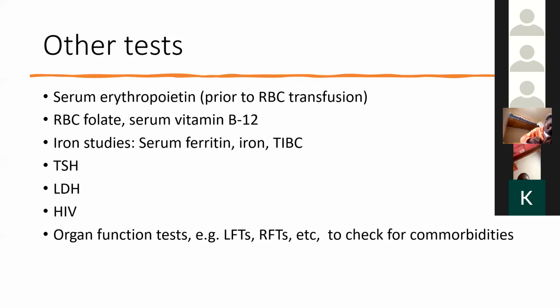We should do serum red cell folate, serum B12, and iron studies. In some of these myelodysplastic syndromes we do get an increase in iron, especially in myelodysplastic syndrome with ringed sideroblasts.